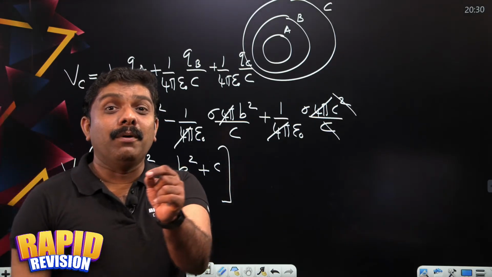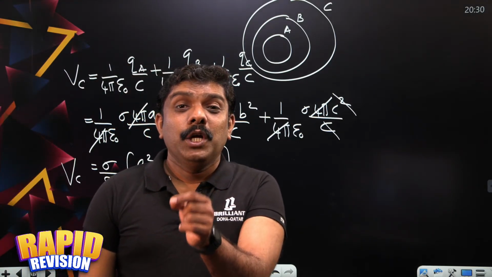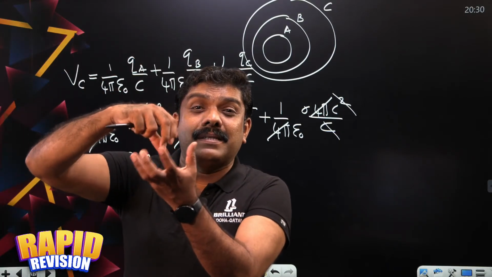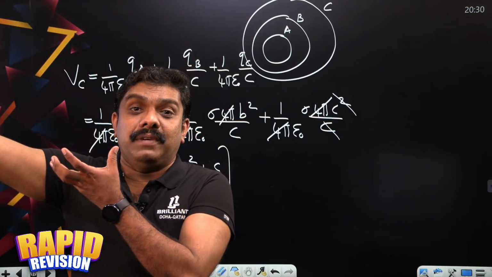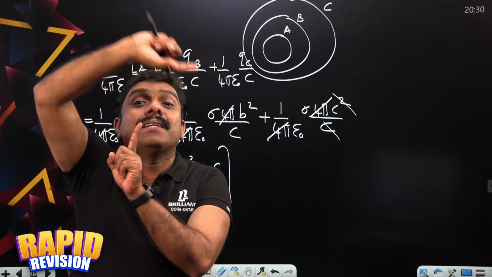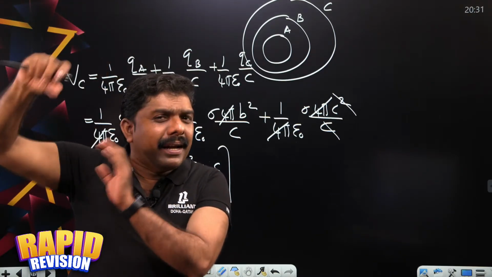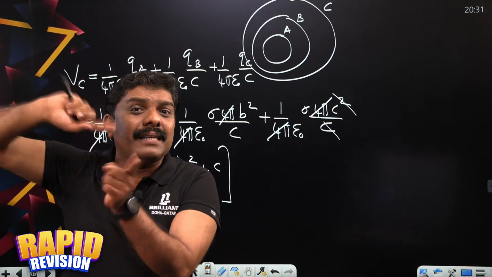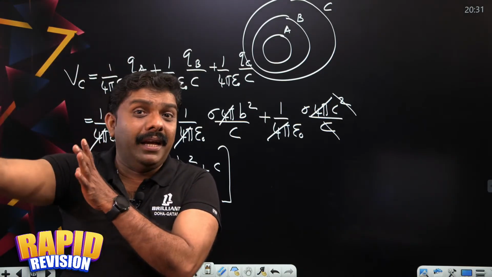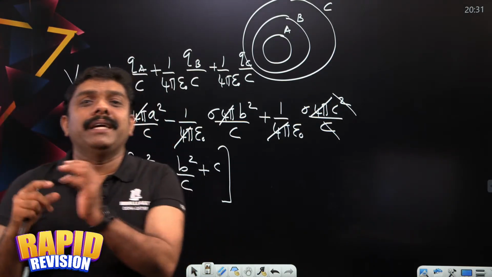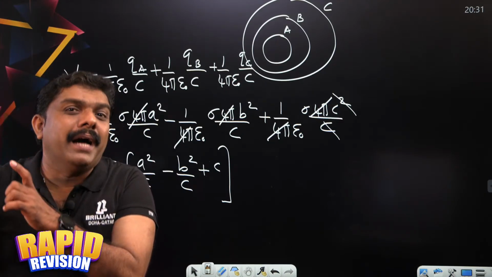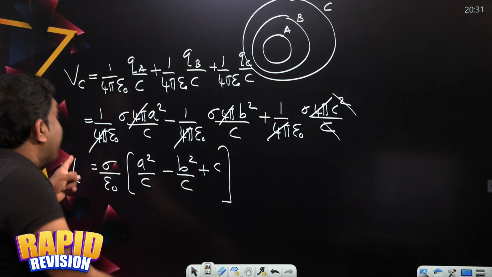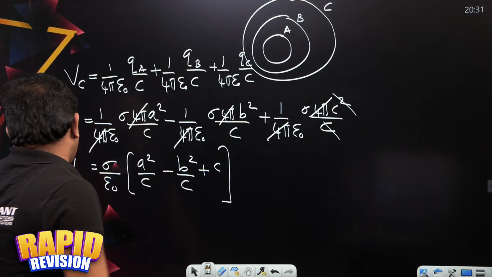A very important idea we are explaining: the potential inside will be the same as the potential on the surface. That is why for shell C, I'm taking A and B as inside, so I'm taking radius as C. For shell B, A is inside, so I'm taking QA by B. So we calculated all the potentials here.